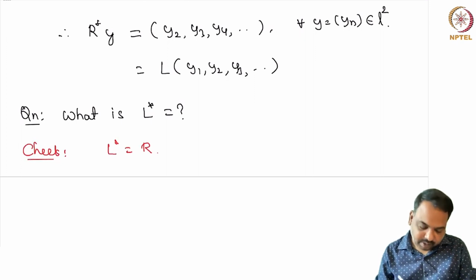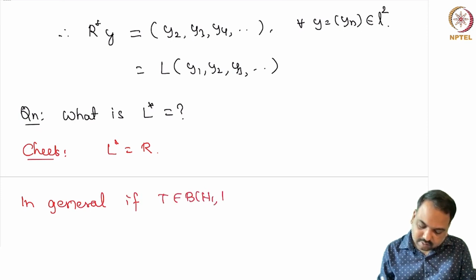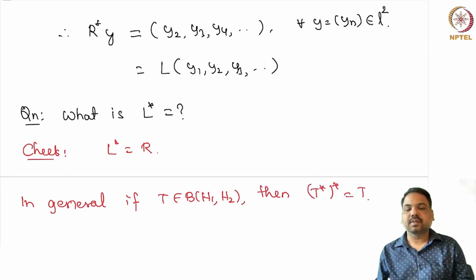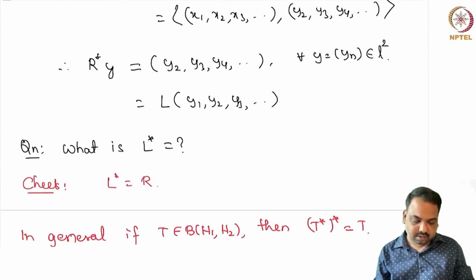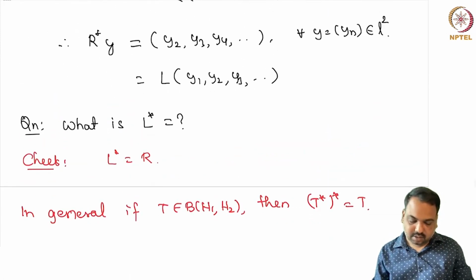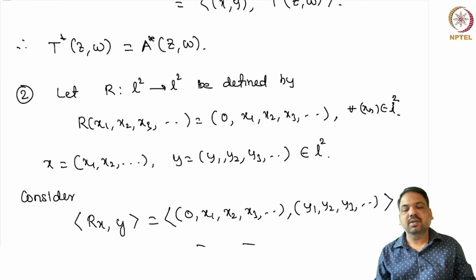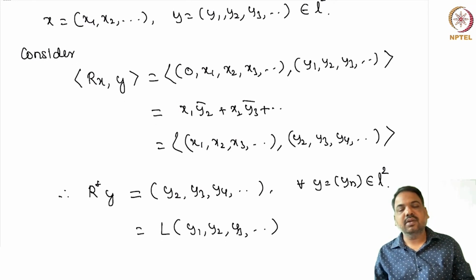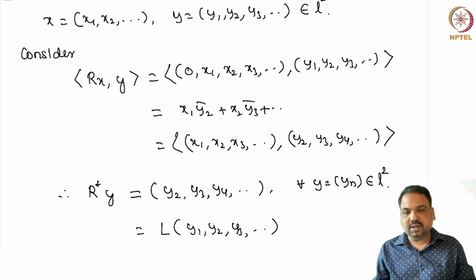In general, if T is a bounded operator, then T star star is exactly T. So these are a few examples. In the next class, we'll be discussing how to compute the adjoint of an operator with more examples and some more interesting properties of the adjoint of an operator. We'll stop here. Thank you.